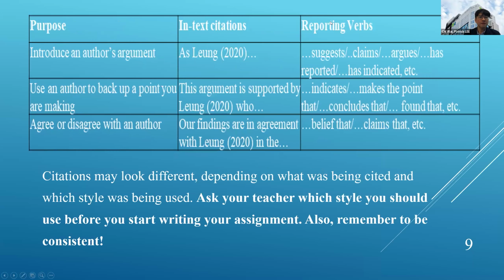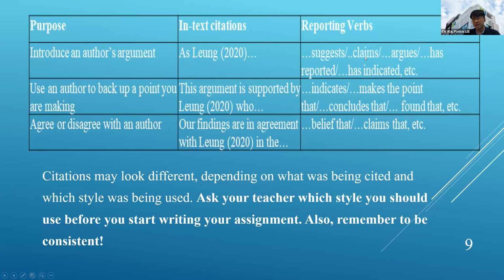Now, can you see this box here? The left-hand side is the purpose. All right. The middle is called in-text citation, and then the reporting word. So I think the idea is now the purpose, basically the first row, is to introduce someone's argument. For example, Learn, 2022, then as Learn 2022, followed by reporting verbs.